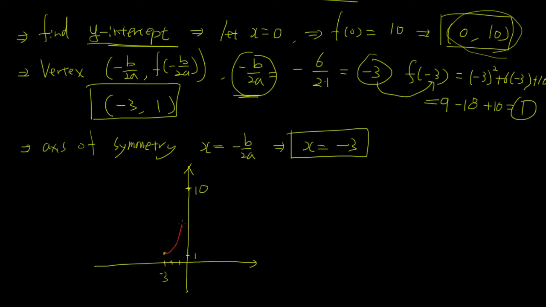Let's say it's just like that, right? And the axis of symmetry, which is x equals negative 3, is this line right in the middle, basically, right? That's the axis of symmetry line, and that's the graph of this quadratic function.